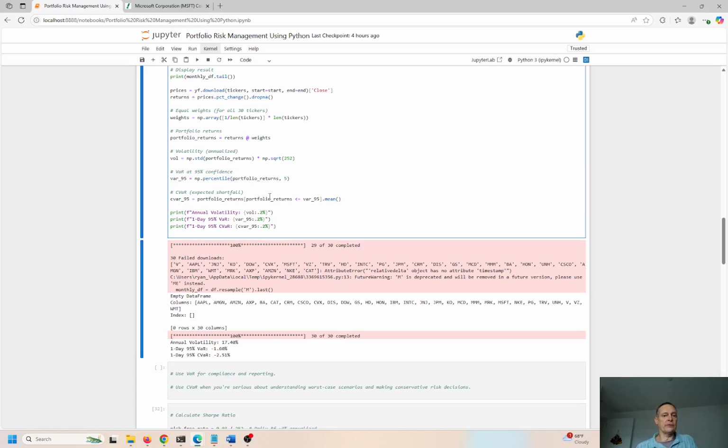So we're going to do a couple things. We're going to calculate the annual volatility of the portfolio, the 1 day value at risk, and then 1 day CVaR, right? So CVaR is sort of like the value at risk, less than the value at risk and the average of that. Okay, that is evidence right here.